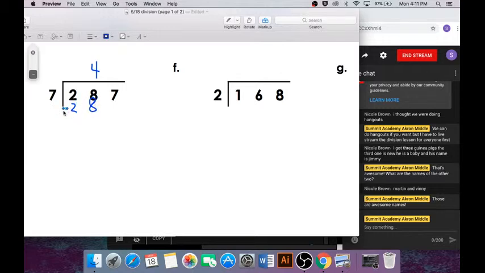So now we're going to do 28 minus 28. 28 minus 28 is 0. And we're going to bring down our 7.